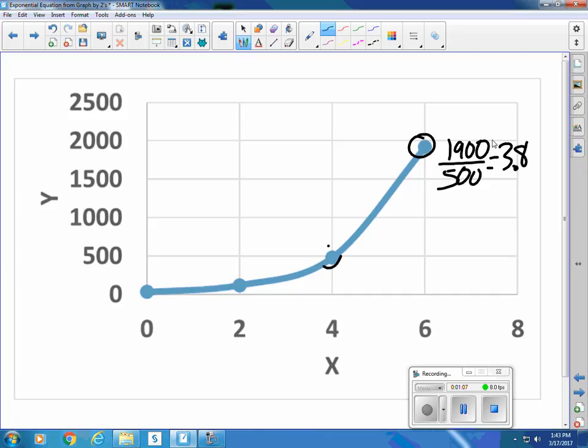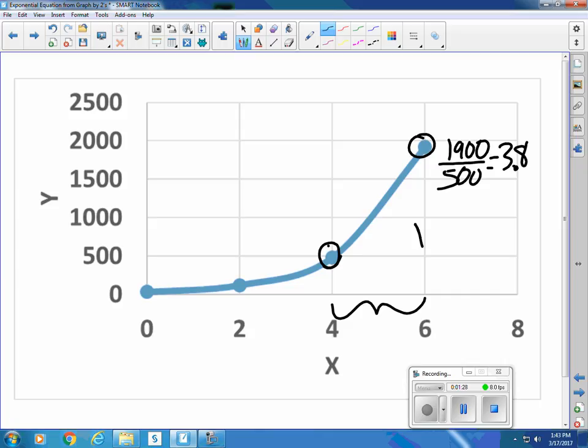Well, I've taken 2 steps from 4 to 6. And so what have I multiplied it by? I've multiplied it by that number twice. If you multiply something by a number twice, that's the same as multiplying it by that number squared.